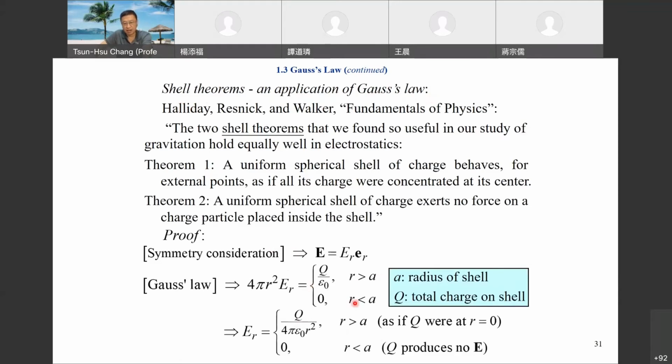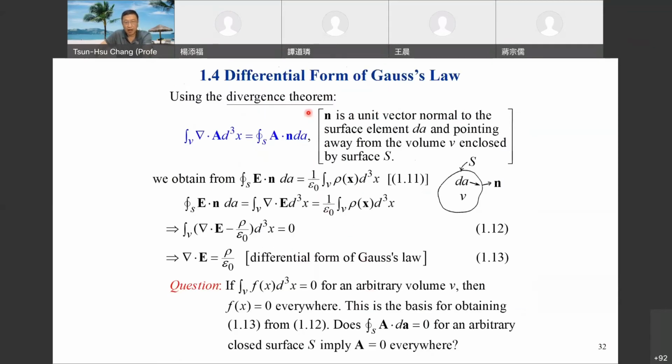The differential form of Gauss law comes from the divergence theorem, and you can easily rewrite it into this form: divergence E equals rho over epsilon naught. That's the differential form of Gauss law.